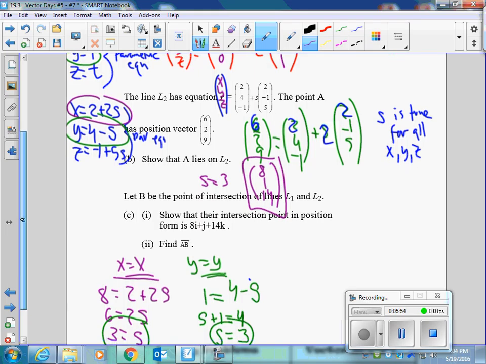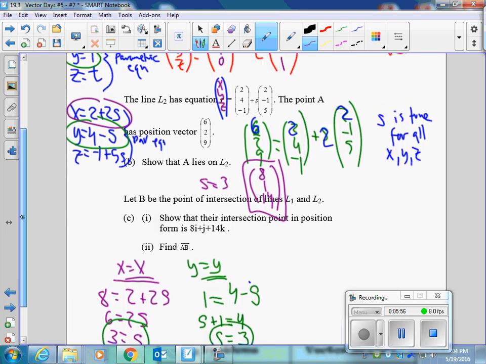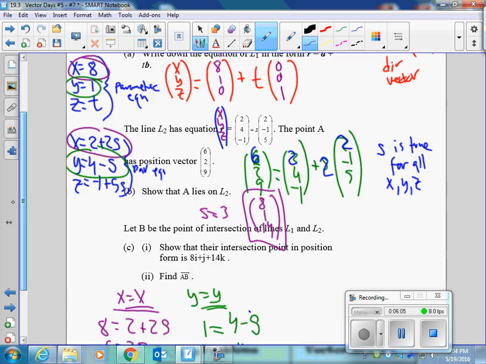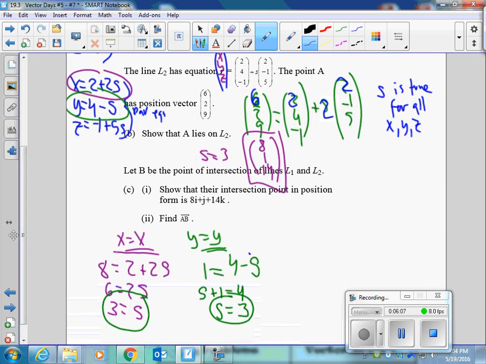Then it says find AB. If A back here is 8, 1, 0, well, that's P. Where's A? This is A. Here's A right here. A is equal to 6, 2, 9, and B, the intersection, right?